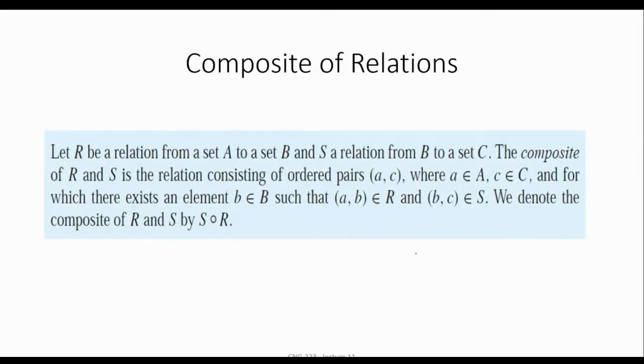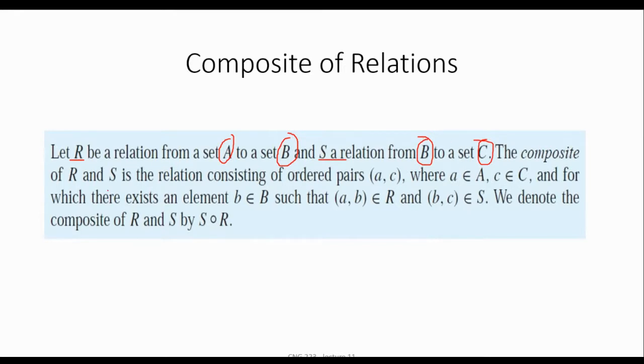What about composite of relations? So let R be a relation from a set A to B, and S a relation from B to C. Okay, so we define two relations, one from A to B, another from B to C. We are dealing with three different sets now.